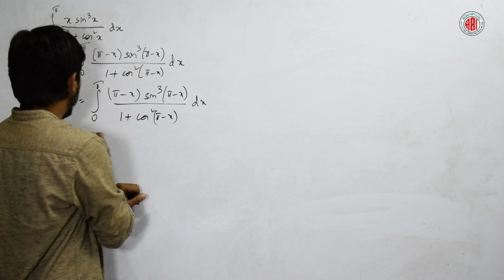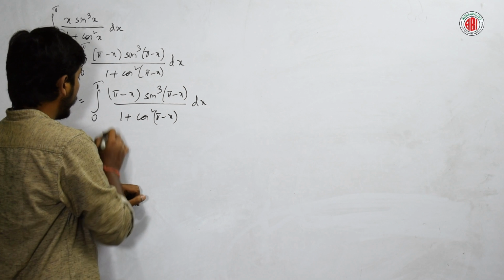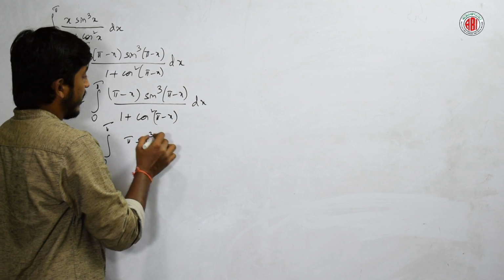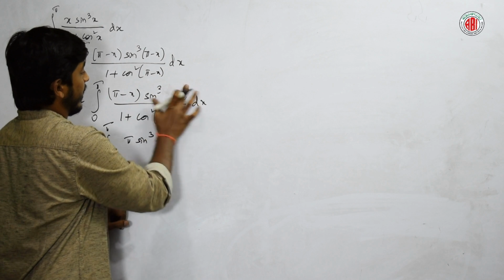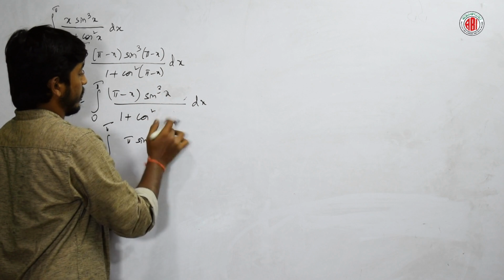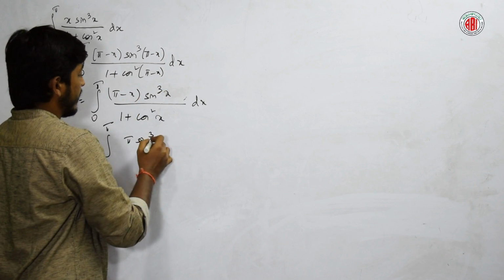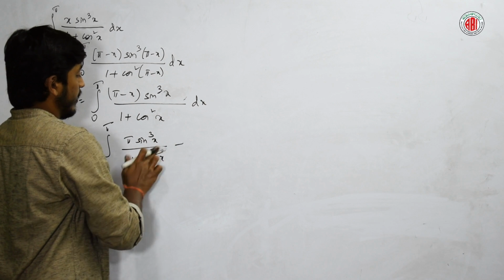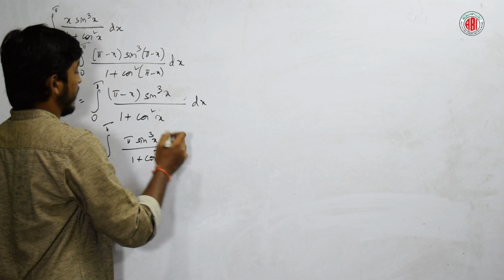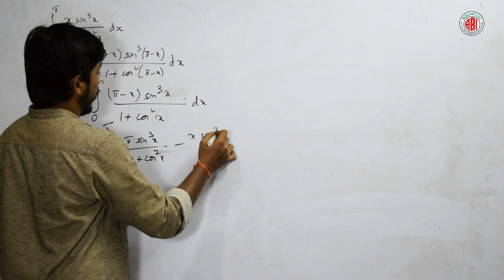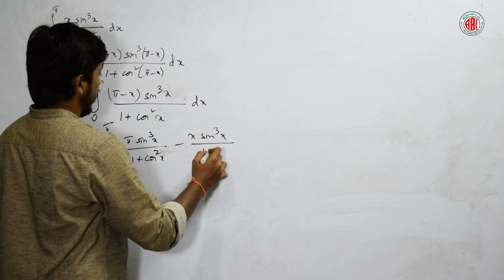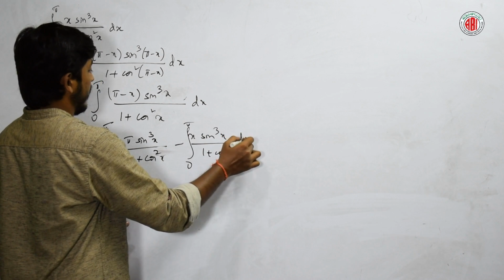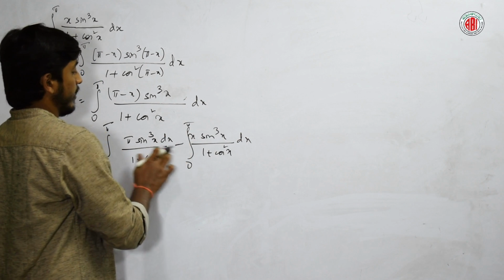Now let us separate the two terms here. I can write it as integral 0 to pi of pi sin cube x by 1 plus cos square x, minus x sin cube x by 1 plus cos square x, dx, right?